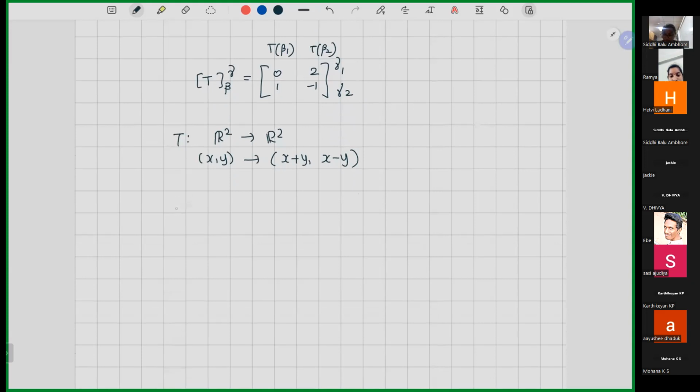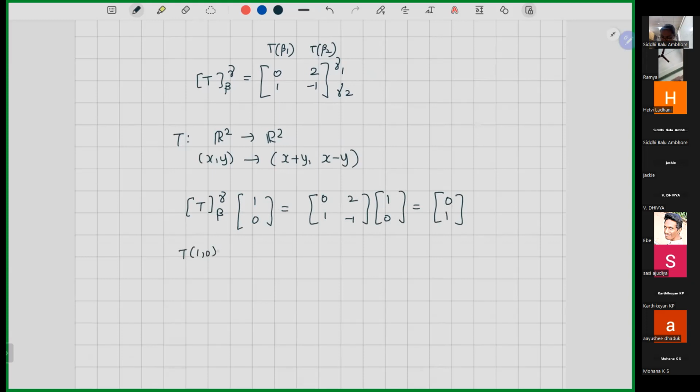So if I multiply this T beta gamma with the corresponding vector, say (1, 0), then what will I get? The matrix (0, 1; 2, -1) multiplied by (1, 0) will give me (0, 1). And if I find the linear transformation T of (1, 0), what is it? (1, 1), right? But what I'm getting here is (0, 1).